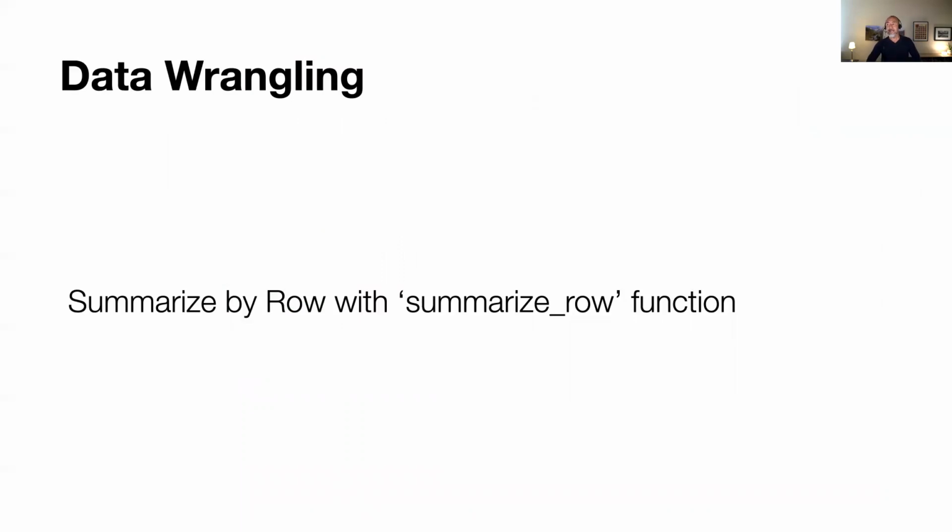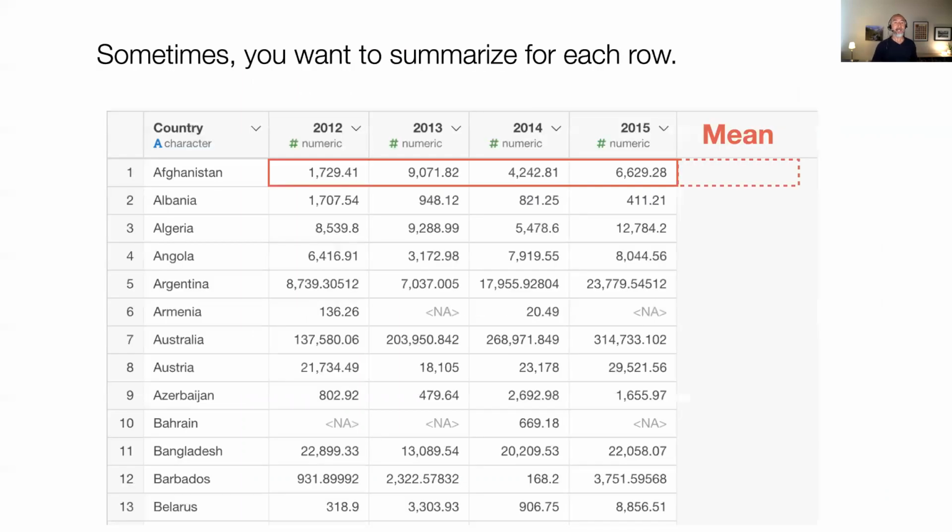Okay, and here is the last one, summarize by row, in data wrangling. Most of the times when we talk about summarize, it's usually column based. So when you have 100 rows, you want to summarize to create just one value, like the sales total or average sales and so on.